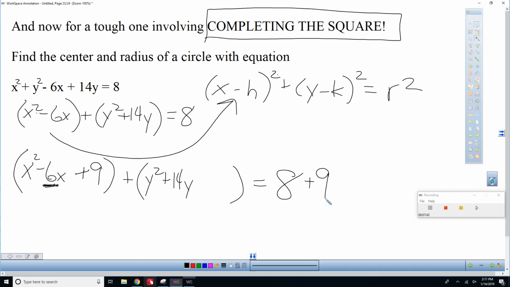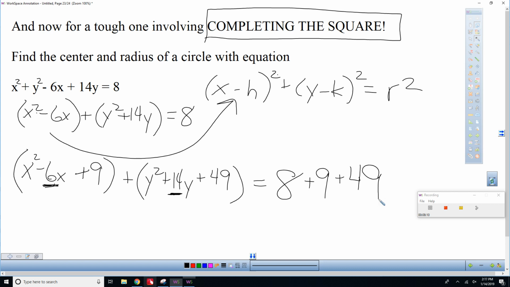Now, what's half of 14? It's 7. Square it. 7 squared is 49. What? You're not allowed to do that? You're right. I'm not allowed to do that. So let's add it to both sides. Now, you might be wondering, what on earth did you do that for?